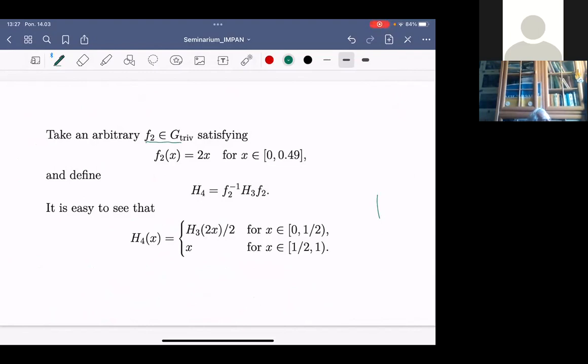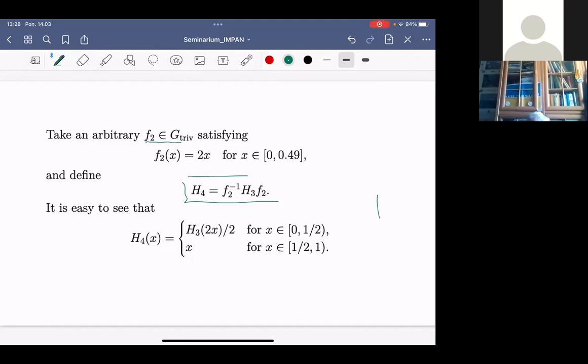And if we take the function h4, which is h2 composition with f2 and then the inverse of f2, we obtain h4 in the following way. This is h2 of 2x over 2 for x from 0 to 1/2, and x for x from 1/2 to 1.